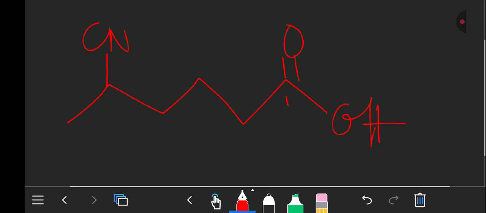I'll number the carbons 1, 2, 3, 4, 5, 6, right? There are 6. We will start from the group where there is a carboxylic acid, the parent chain, because carboxylic acid has the highest priority. So 1, 2, 3, 4, 5. At position number 5, I have this group, a cyanide.